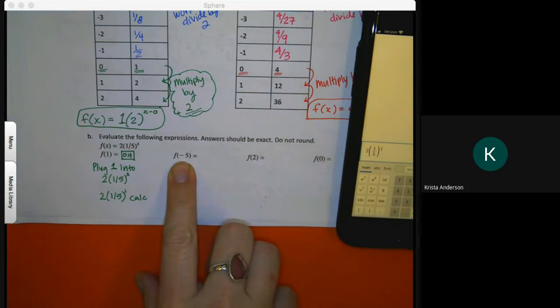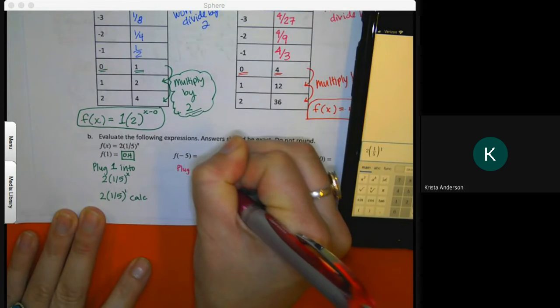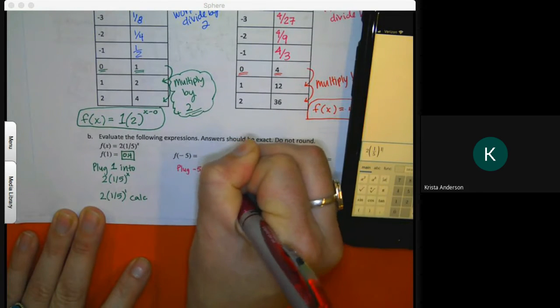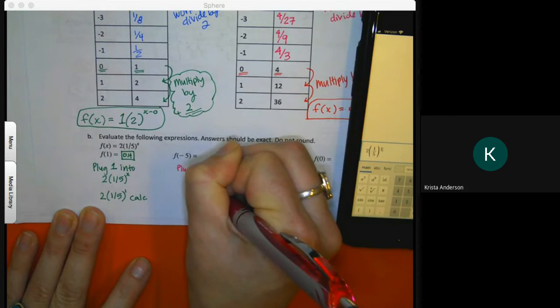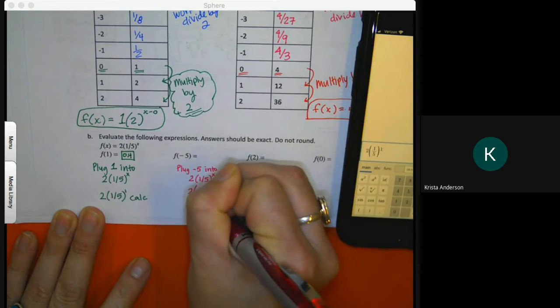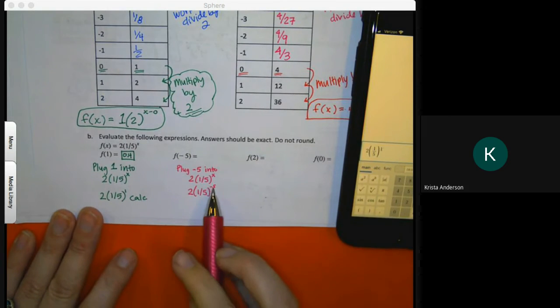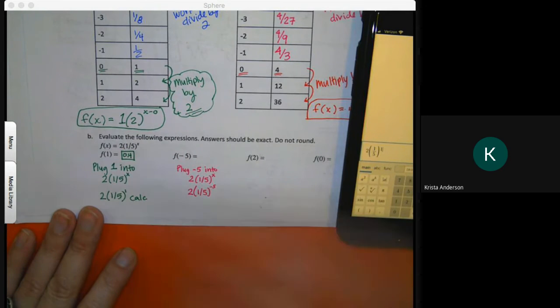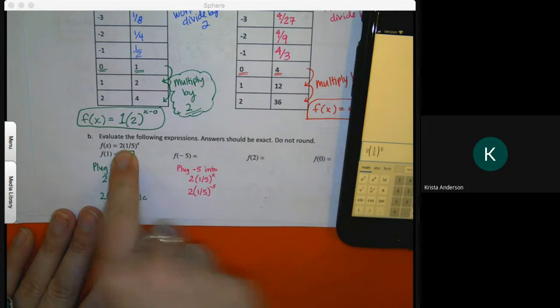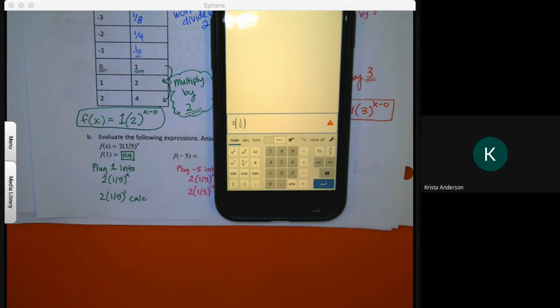For f of -5, I plug -5 into 2 times 1/5 to the power of x, which would look like that when I put a -5 in for it. The nice thing is, because I'm using the same equation every time, all I have to do is replace that 1 with what number?